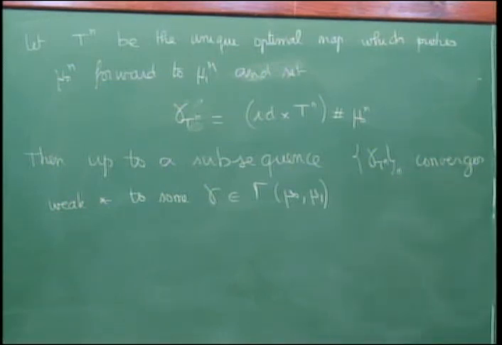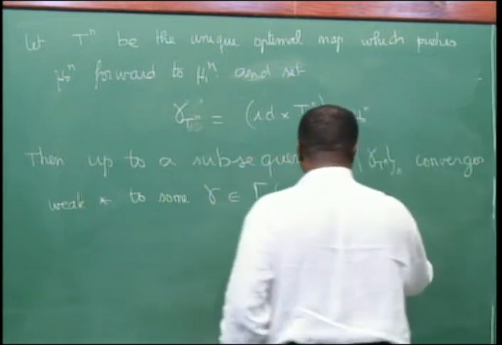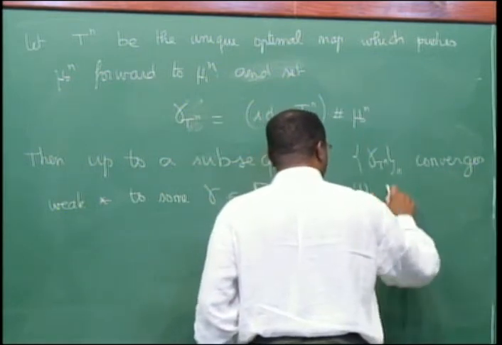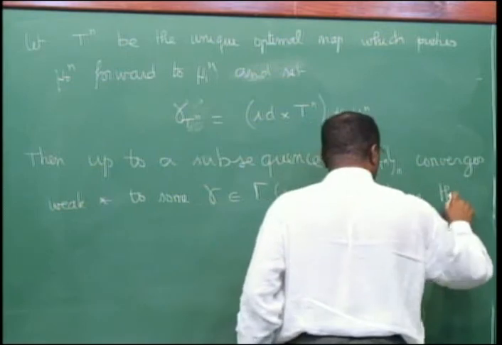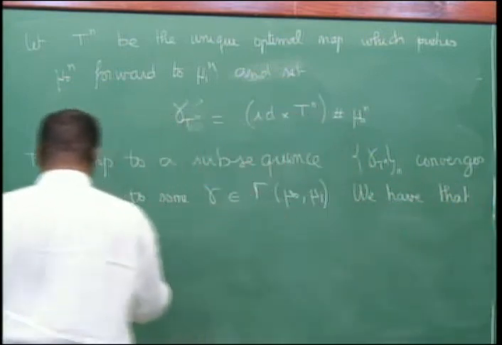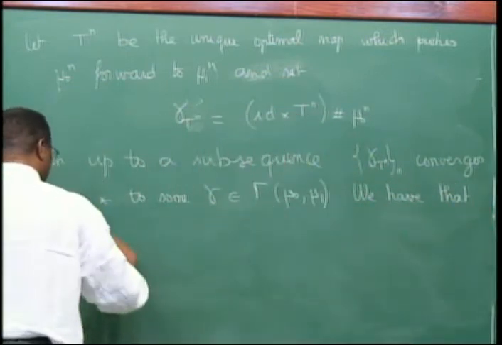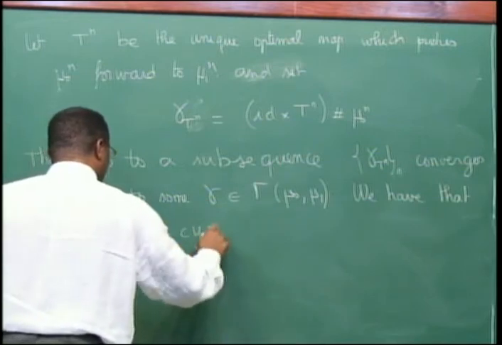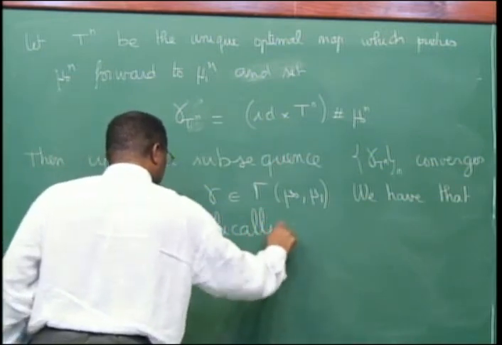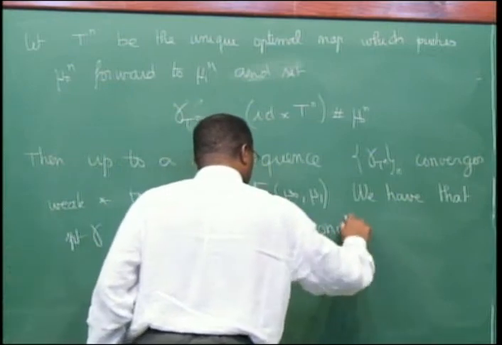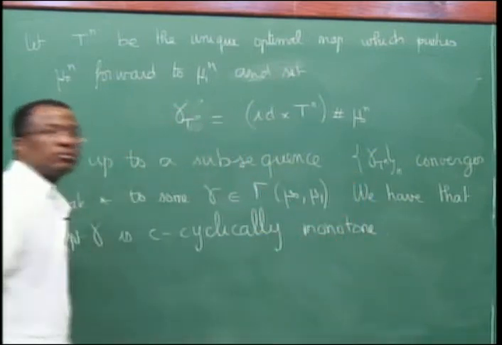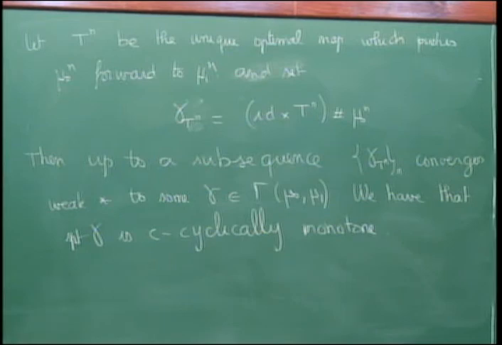Still, we know that. But the only thing I need to add is we have that the support of gamma is c-cyclically monotone. So that is the only new small thing I am adding. And the proof.